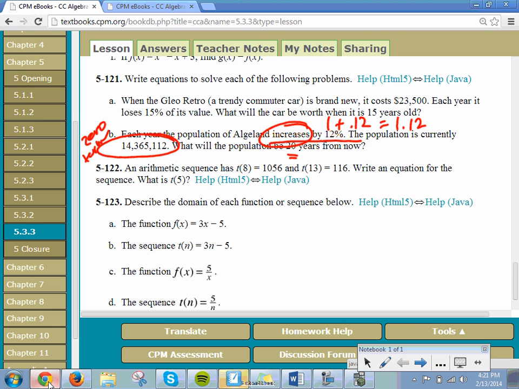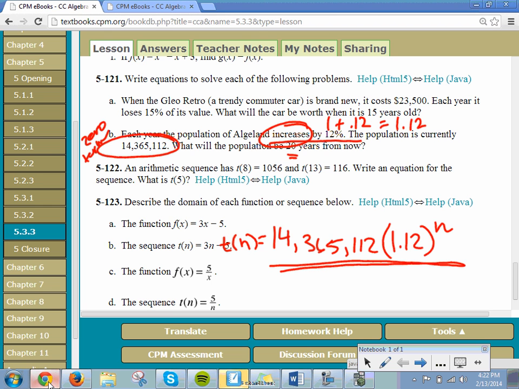So when we put that into our equation, it will be our zero term, 14,365,112 times your rate, 1.12, to the n. And that will all be equal to your t of n. So that's what I'm going to put into my graphing calculator to solve.